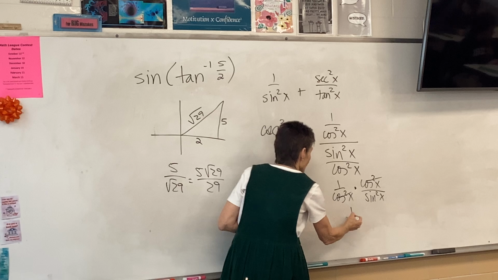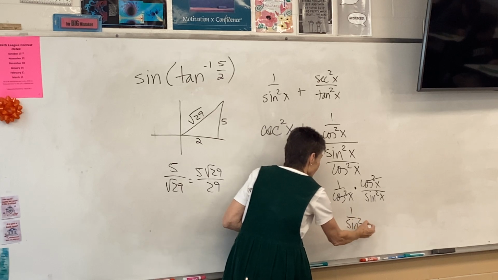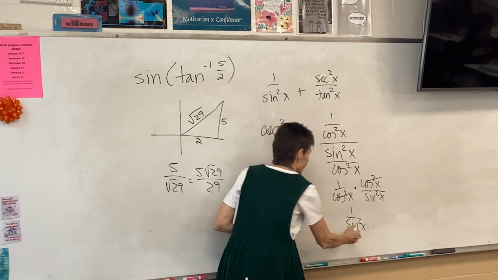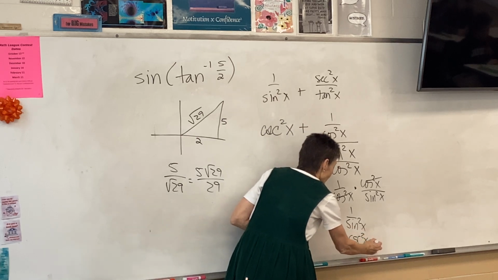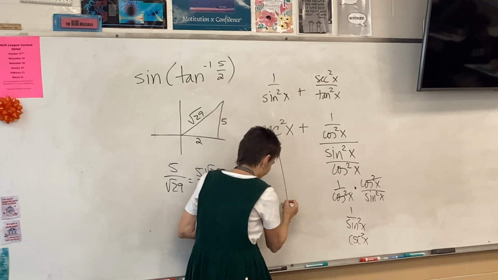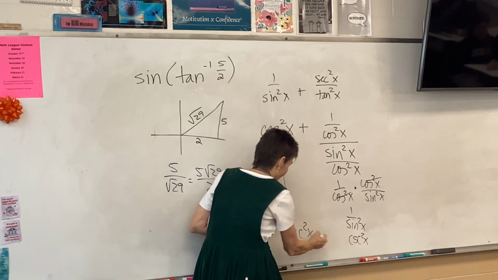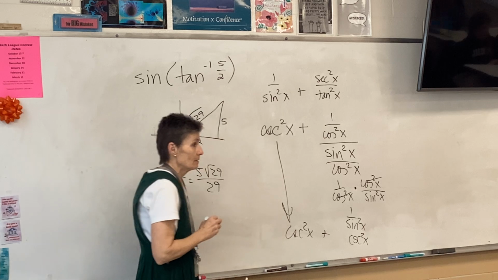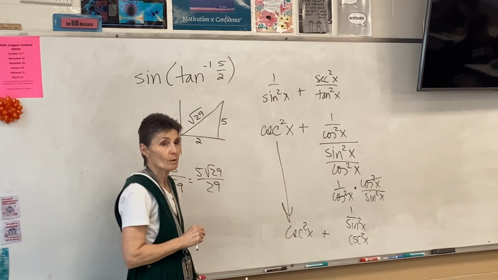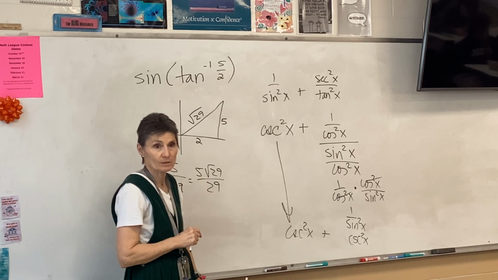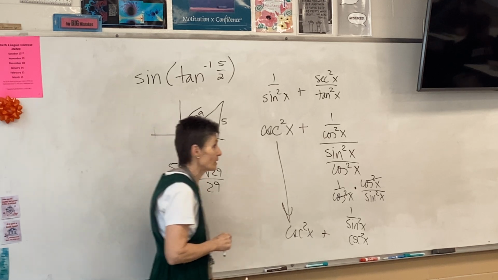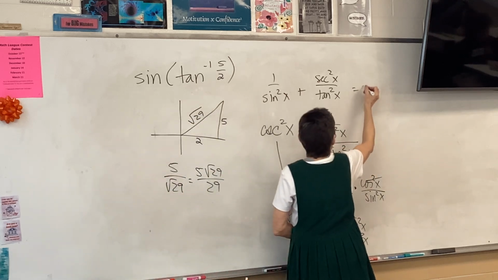And this is 1 over sine squared. But wait, you just told me 1 over sine squared was cosecant squared. Plus this cosecant squared. So what is 1 cosecant squared plus another cosecant squared? Don't make it hard. 2 cosecant squared.